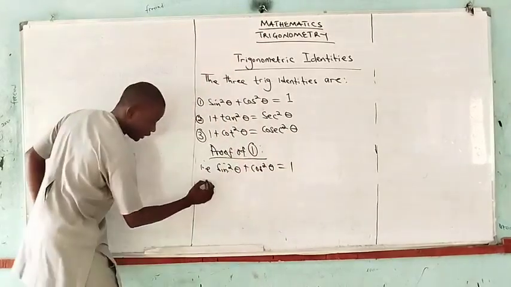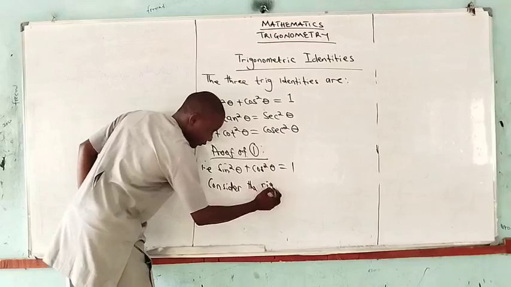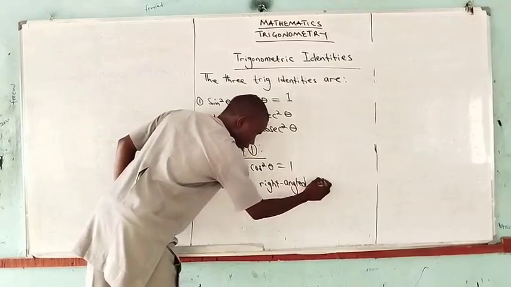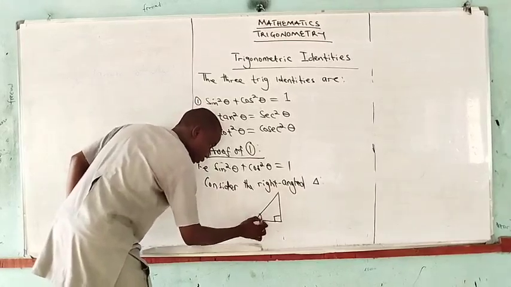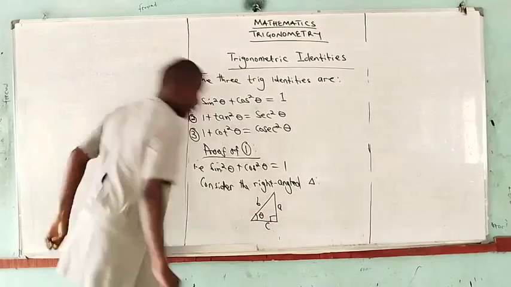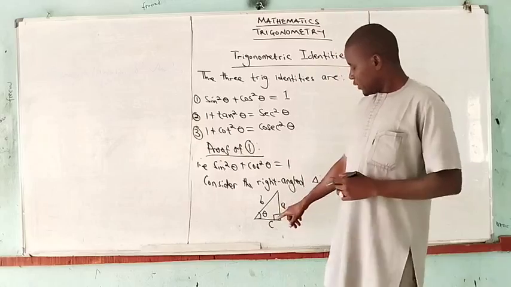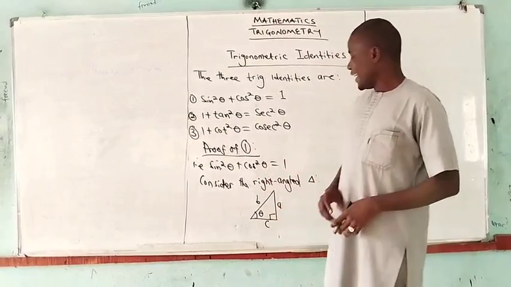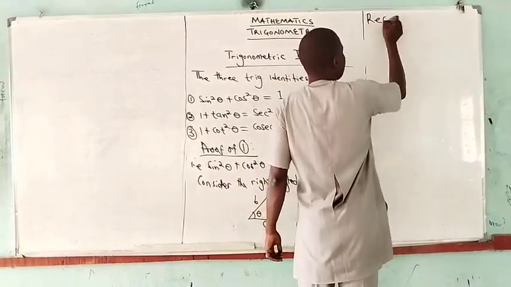Consider a right angled triangle, with vertices A, B, C. That is a triangle where one of its three angles is 90 degrees, right?